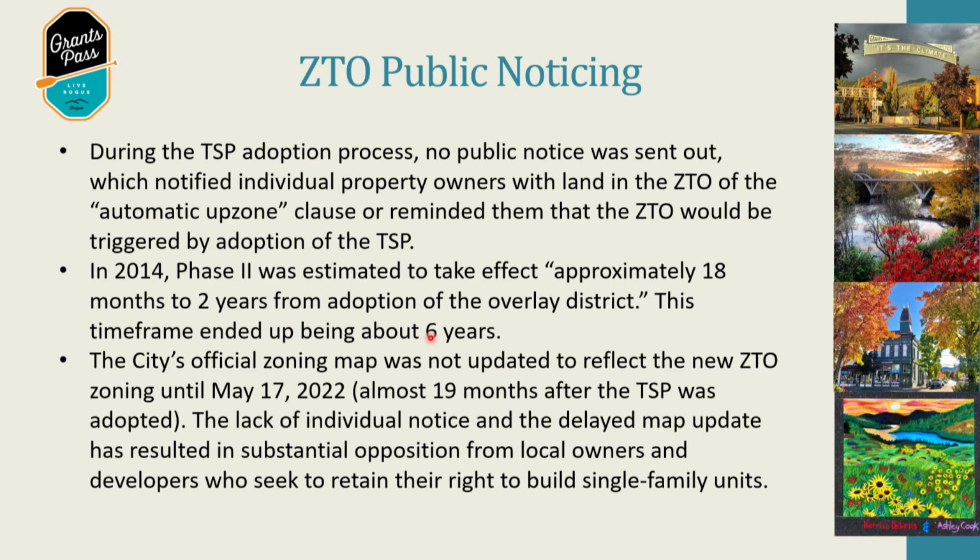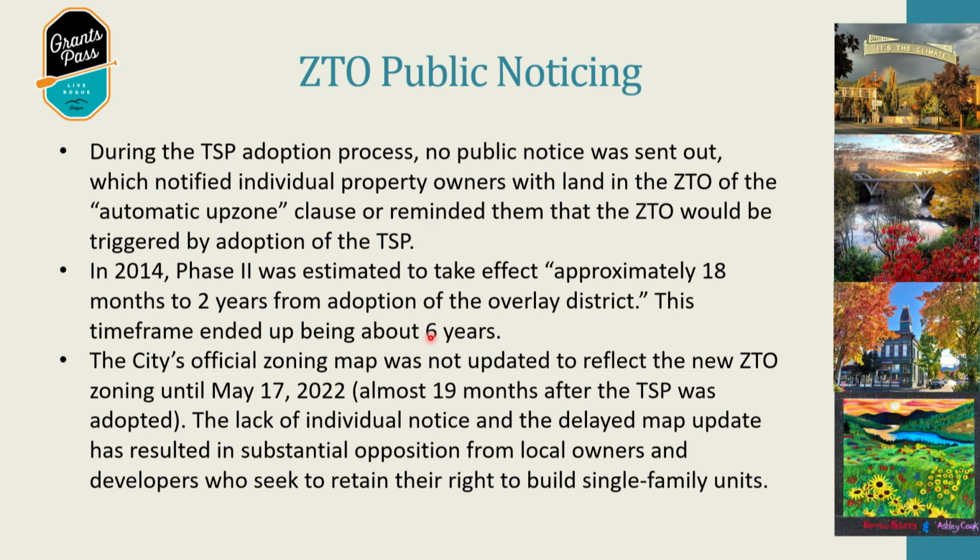There are a couple of noticing issues, some of which were brought up at your June public hearing. I just wanted to make sure the council was aware of these. During the TSP adoption process, we did not actually send notices directly to individual property owners saying that this property would be automatically upzoned as a result of the transportation system plan being adopted.